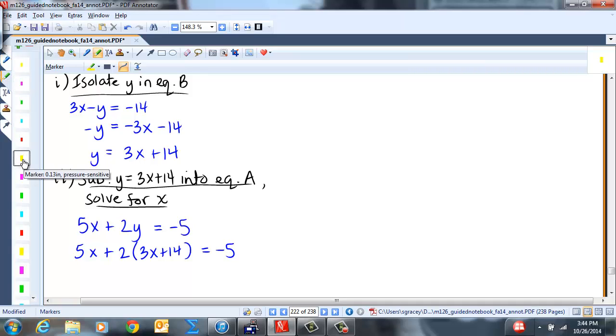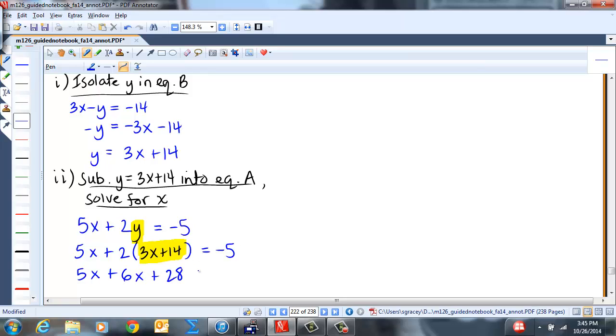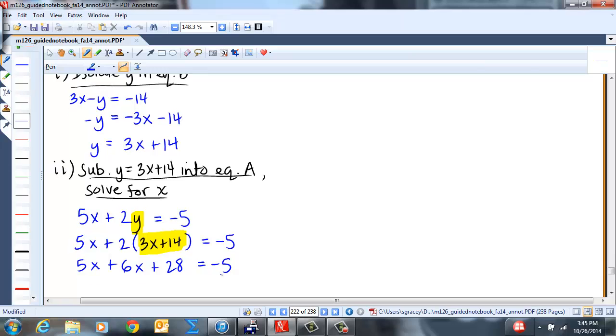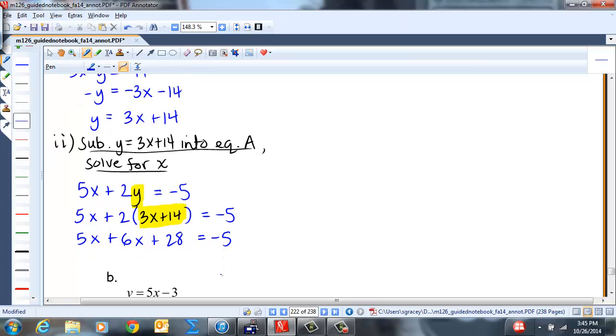I just took what I found for y, which was 3x plus 14, and plugged it right in there. Then we'll get 5x plus 6x plus 28 is equal to negative 5. I just distributed the 2 through, which will give us 11x is equal to, taking away 28 from both sides, negative 33. And then dividing both sides by 11, we'll get x is negative 3.